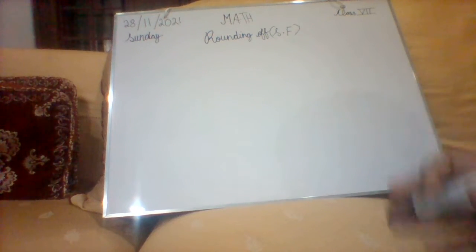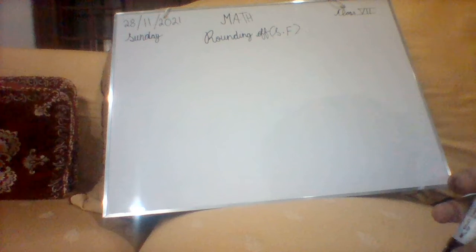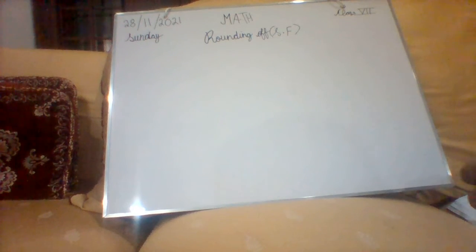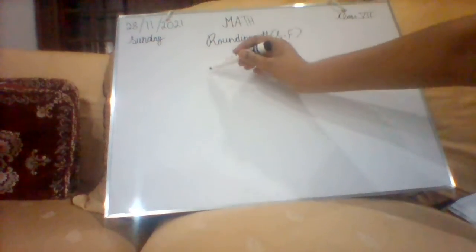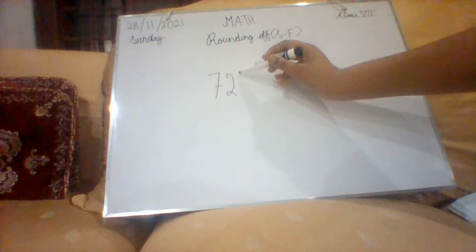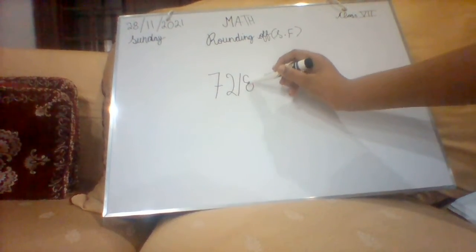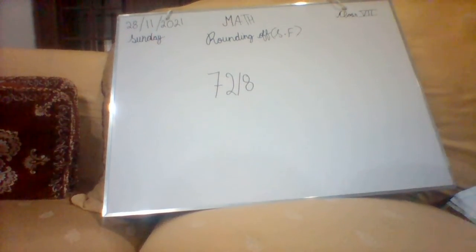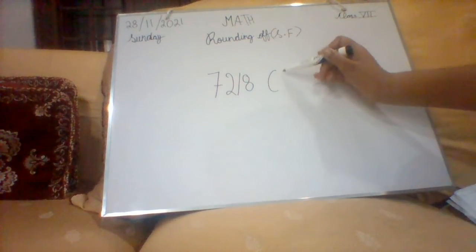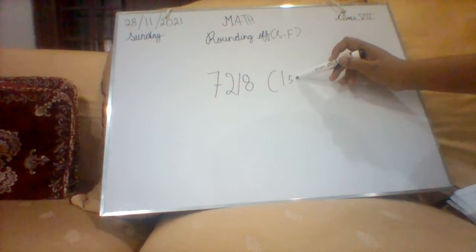Now we will do rounding off. First we will learn how to round off. Say we get a number, for example 7218, and I am saying round off to one significant figure.